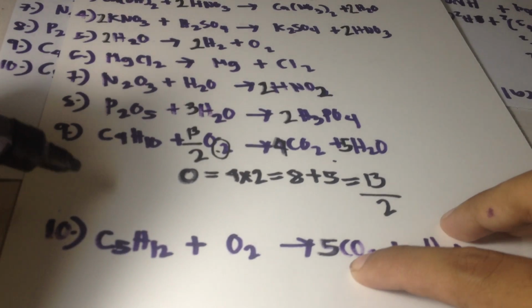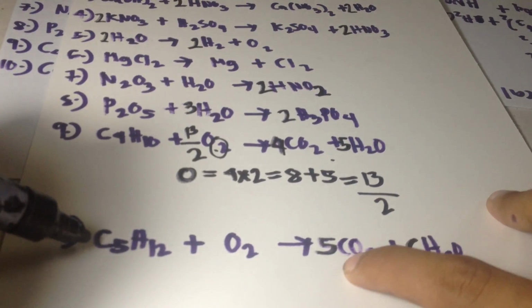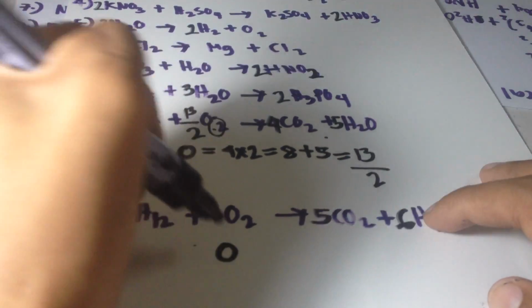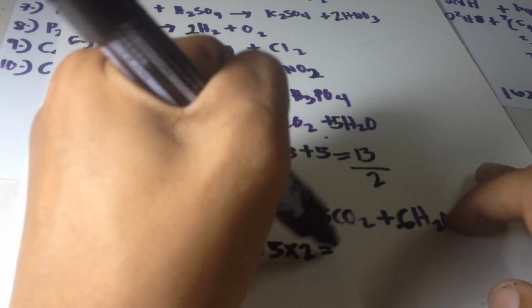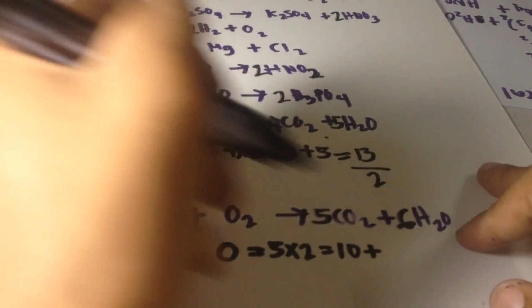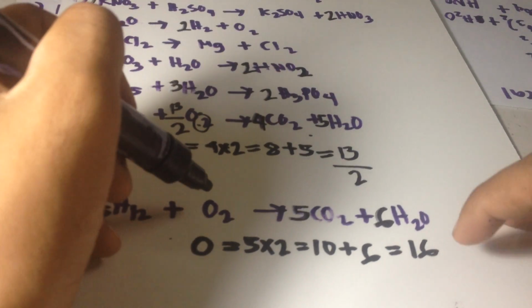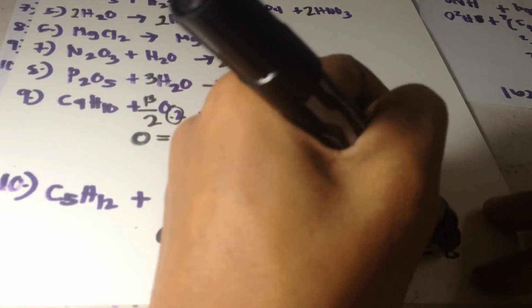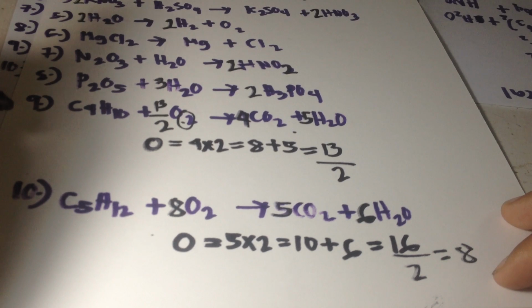Hydrogen has 12, so you put a 6 here. So 6 times 2 equals 12, and then 5 times 1 equals 5. So in oxygen, it's not balanced yet. Oxygen equals 5 times 2, which is 10, plus 6 times 1, which is 6. So 10 plus 6 is 16. And 16 divided by 2 is 8. So you put an 8 here. Okay? So that's completely balanced.